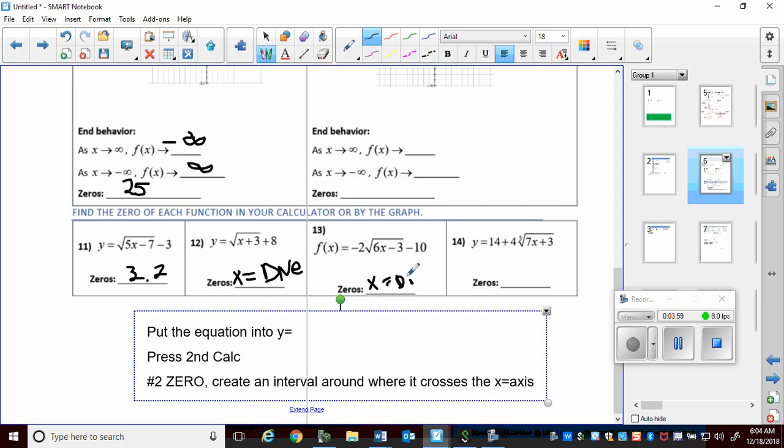On the other hand, for number 14, there is a 0, and you're going to use the same function to do that.